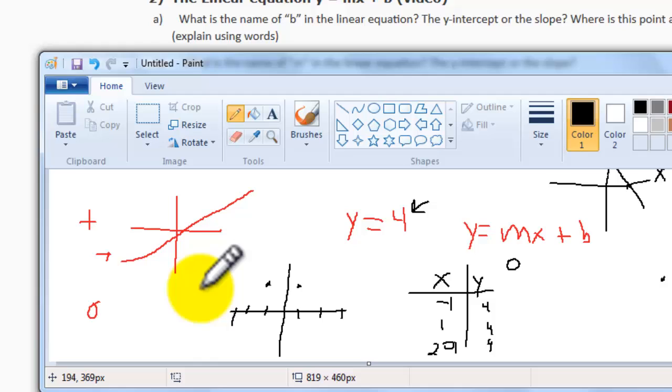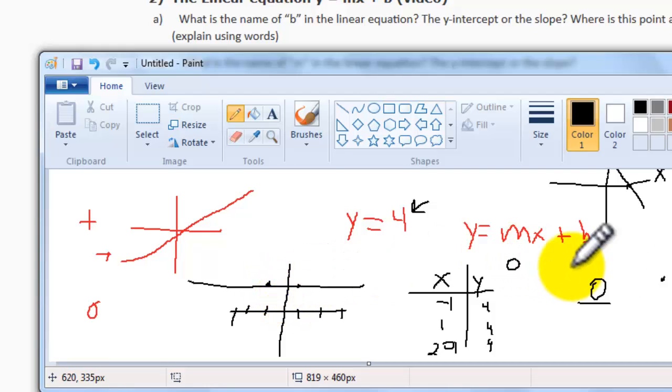So what you're seeing here is a horizontal line starts to form. So when the slope is 0, it is a horizontal line. That means the rise is 0, the run is any number. So the rise will always be nothing. I can't go up and down, but I can always go right, left.